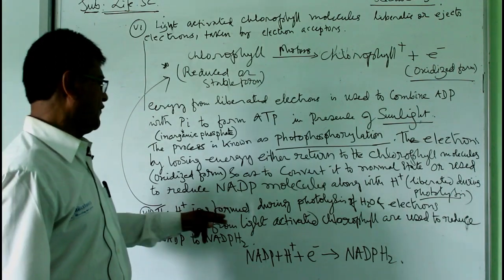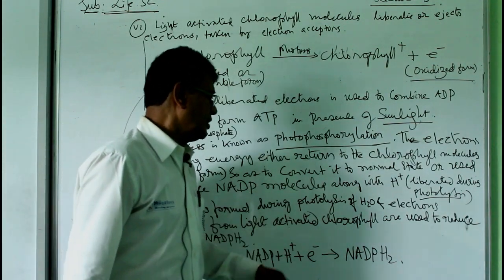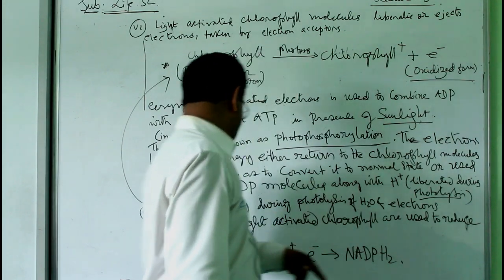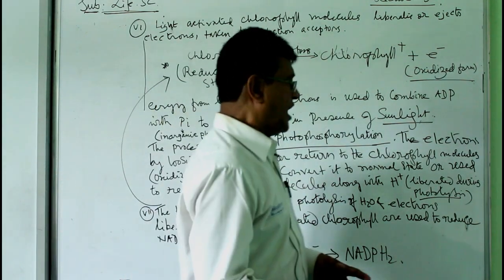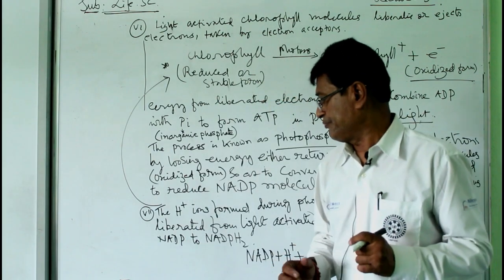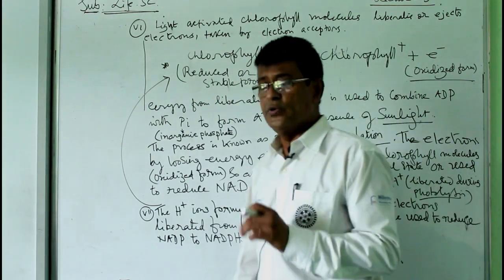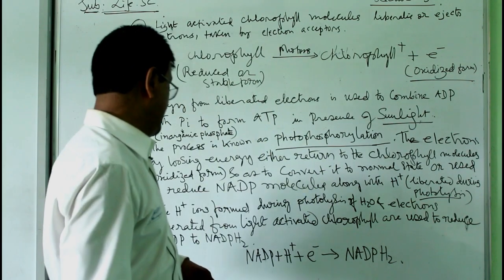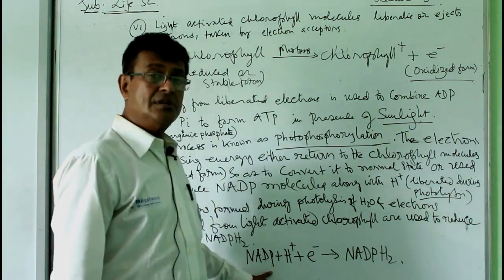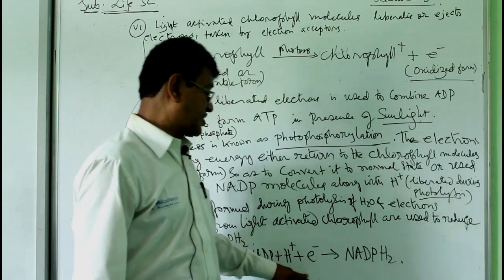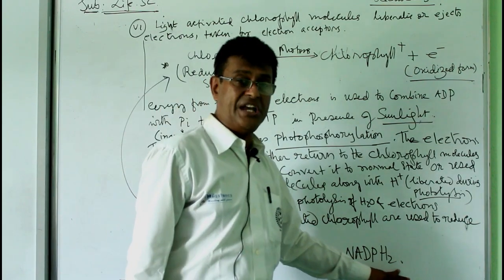The hydrogen ions formed during the photolysis of water and the electrons liberated from the light activated chlorophyll are used to reduce NADP to NADPH2. Here is the reaction: NADP plus H ions plus electron forms NADPH2.